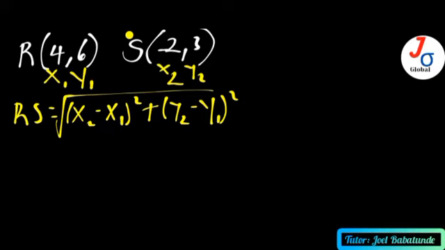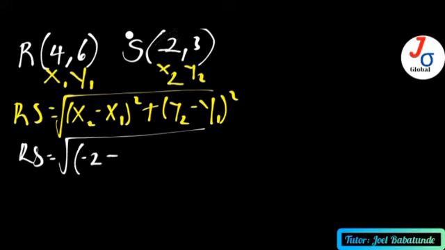Then RS would be square root of, what's that, x2, x2 is minus 2, minus x1, what's that, x1, 4, squared, plus, what's that, y2, 3, minus, what's that, y1, 6, squared.